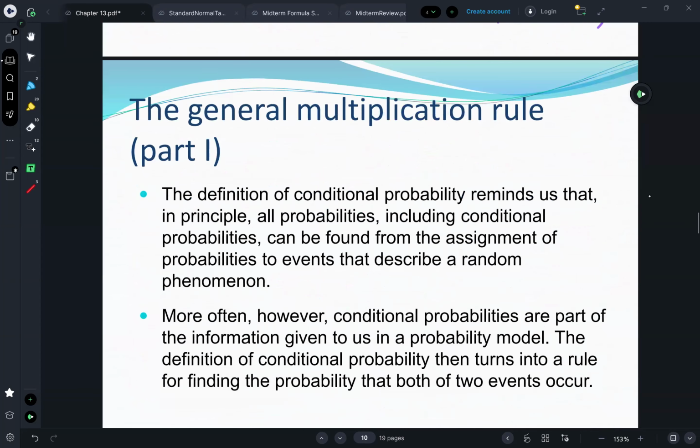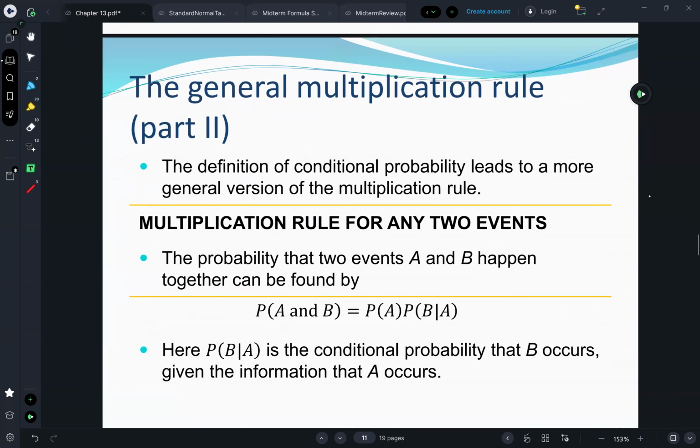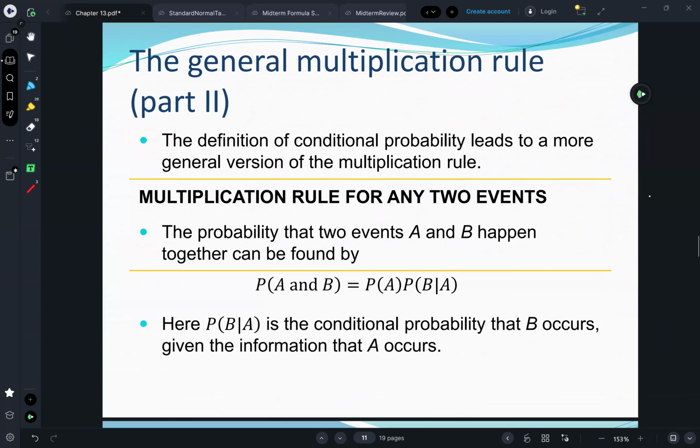So that is talking about the general multiplication rule, which is right here. The probability of A and B is basically the same as the conditional, but with some algebra.